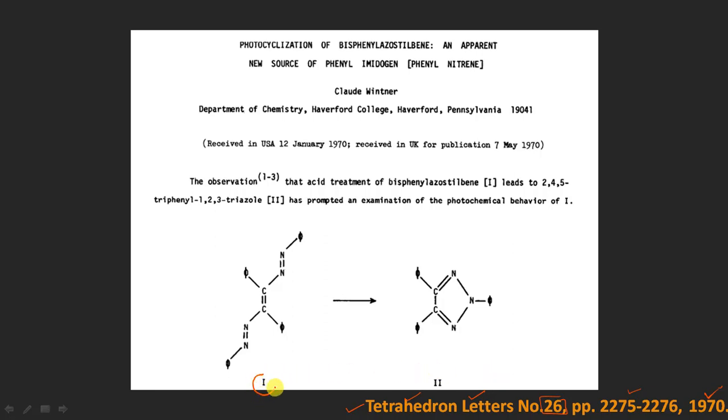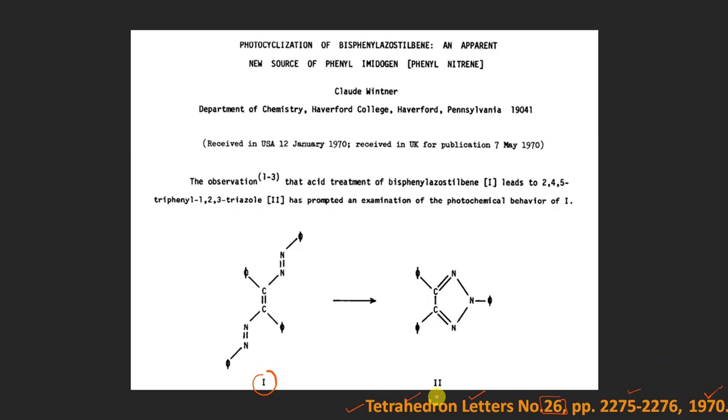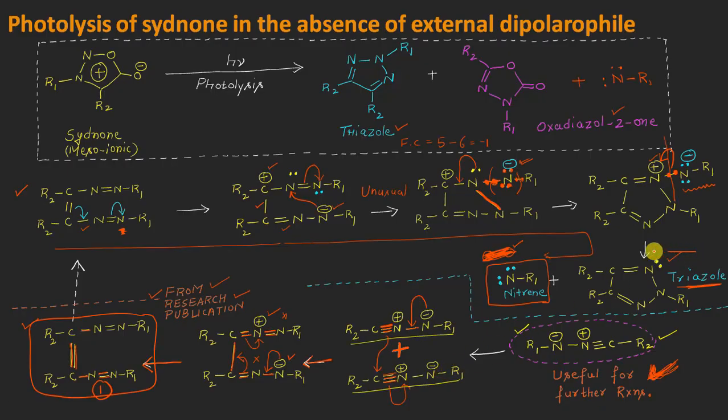I mean, the first structure here, let me write here number 1. And from this structure, what we are getting here is 2. This is our triazole, which you can see here. Let me now write here, it is number 2, right?